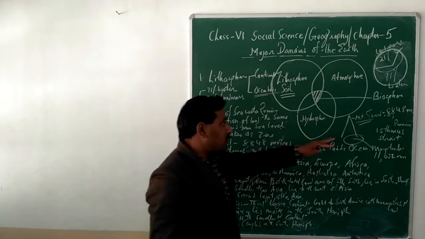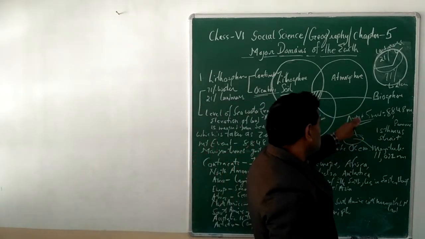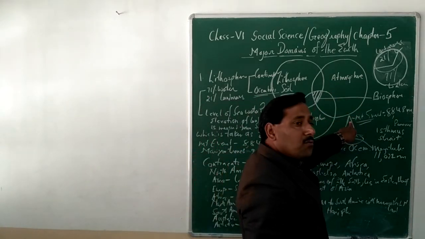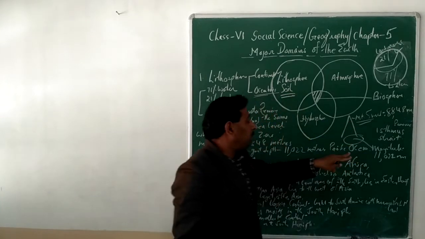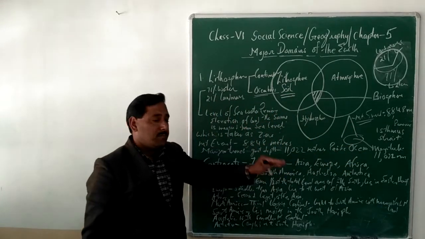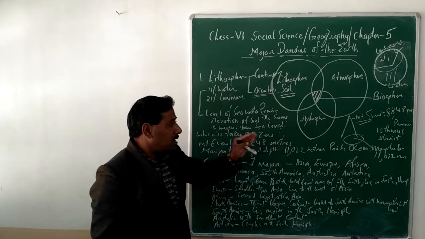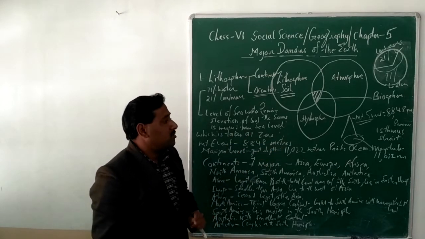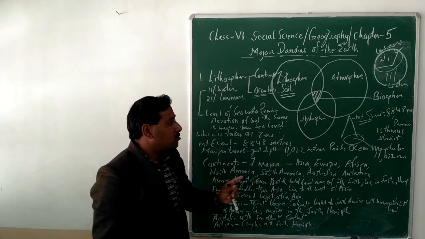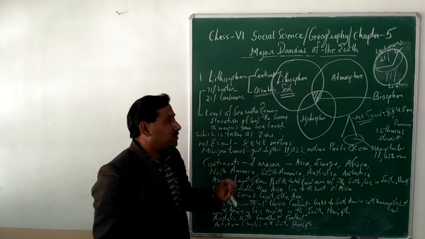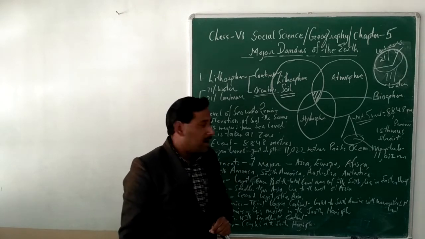So we have discussed two extreme points. The highest point is Mount Everest with 8,848 meters, and the lowest point, the greatest depth, is the Mariana Trench, which is 11,022 meters.